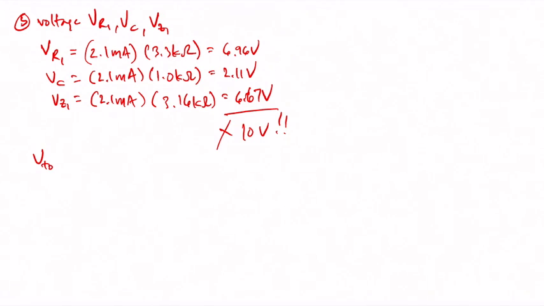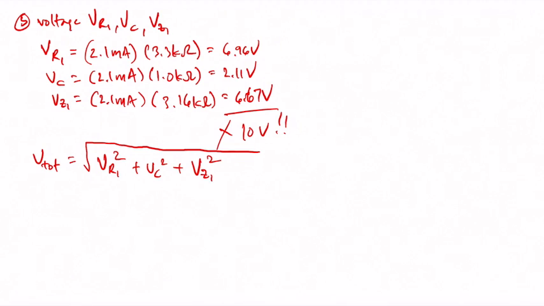The correct way is to take the sum of the squares. So VR1 squared plus VC squared plus VZ1 squared. And if you do that, you get around 9.9 volts. So that's approximate, and that's all just because of rounding off errors.